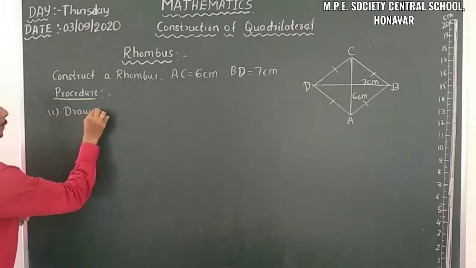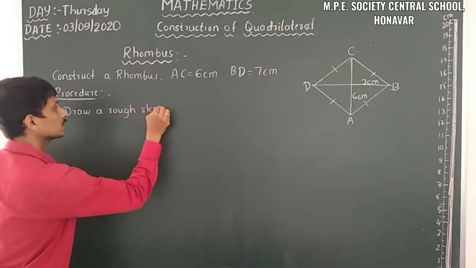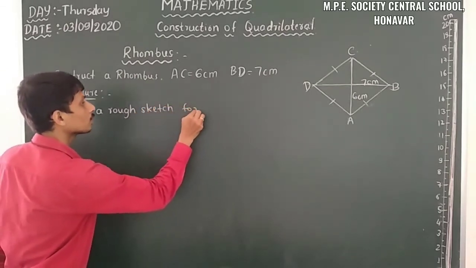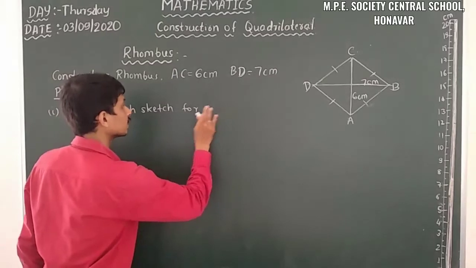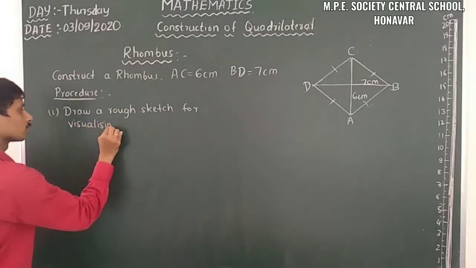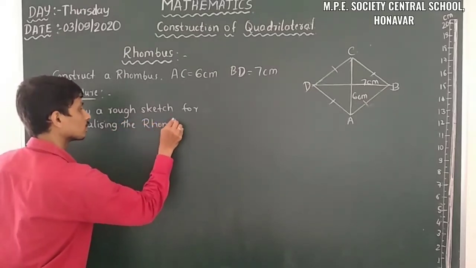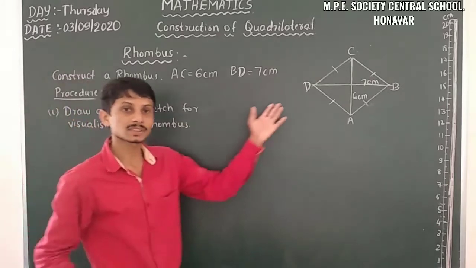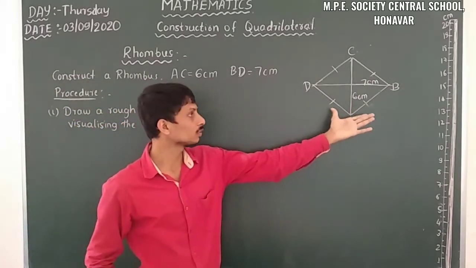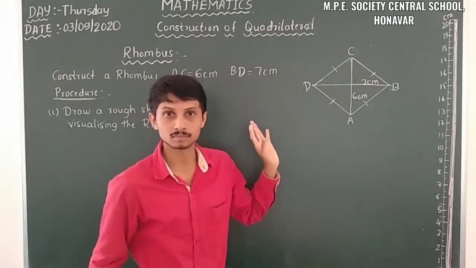Draw a rough sketch for visualizing the rhombus. Yes. So the rough sketch is over. We don't know the sides.